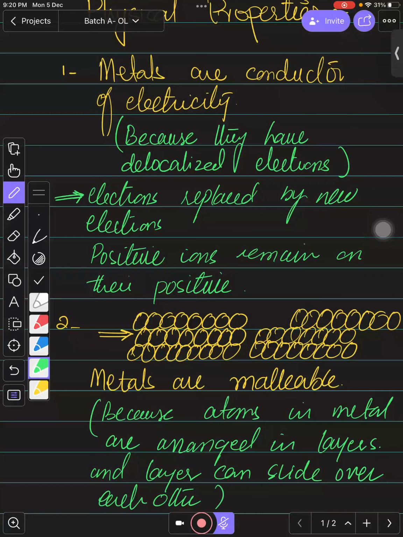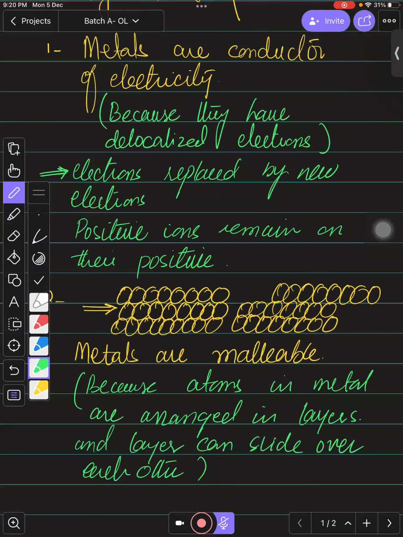That is why they are malleable, right? Yes, is that clear? Yes, sir. Yes.